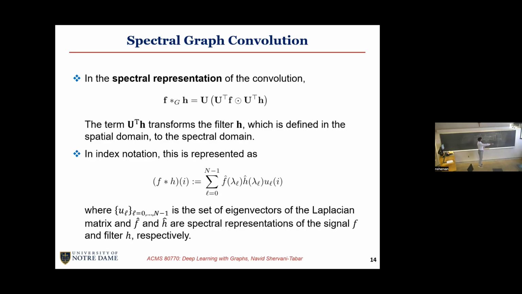And then I have H hat, which is the spectral representation of the filter, which again is indexed by different eigenvalues. And then I have U, the eigenvectors that I use to project the information back to the spatial domain.